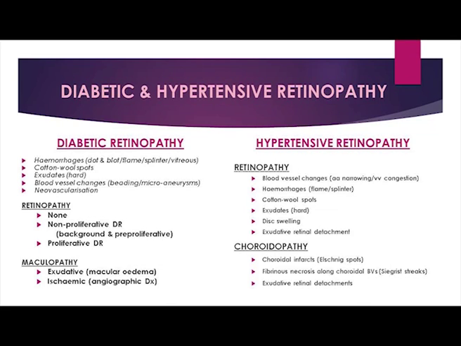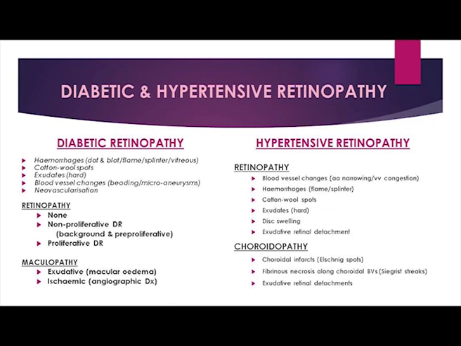Hypertensive retinopathy, we divide into retinopathy and choroidopathy, so the retina being the retina, and the choroid being the vascular layer underneath the retina or outside the retina. So just like in chronic hypertension, there are blood vessel changes. There's arteriolar narrowing and venous congestion. So when veins are congested, they become more tortuous, or their diameter becomes larger.